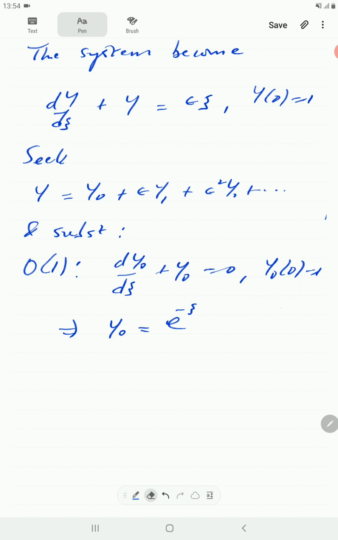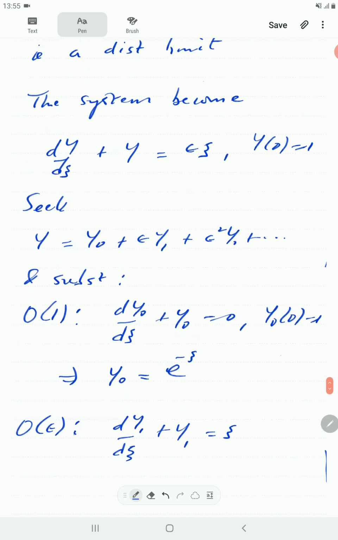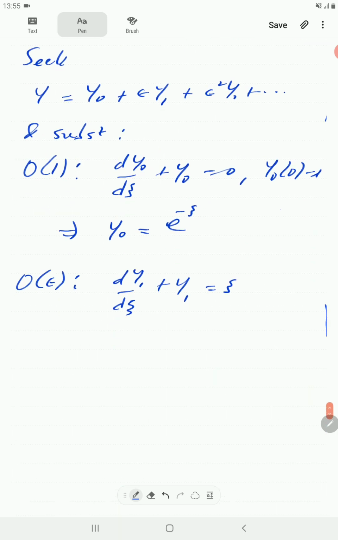So if we solve this ODE subject to that condition there, at order epsilon, the ODE is going to be dy1/dxi plus y1 is equal to xi because of this term here. And then the condition on y1 when xi is 0 is going to be this one.